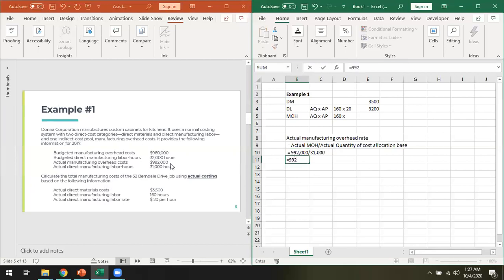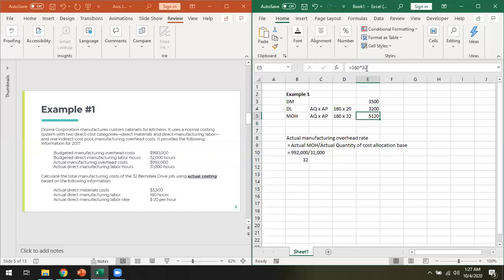So we get the actual manufacturing overhead rate is $32 per direct manufacturing labor hour. So we multiply this number with $32. So therefore we get 5,120.